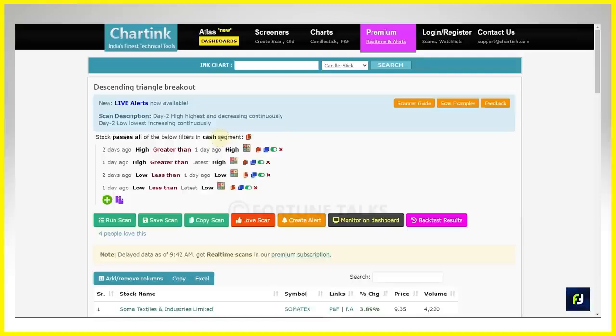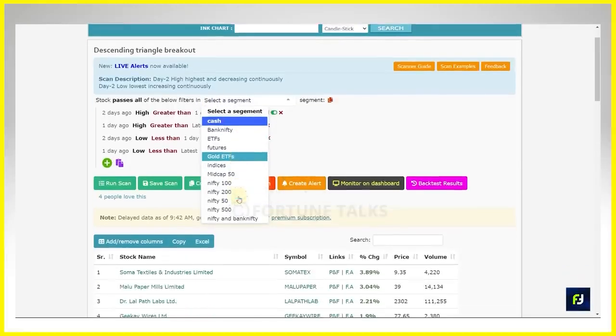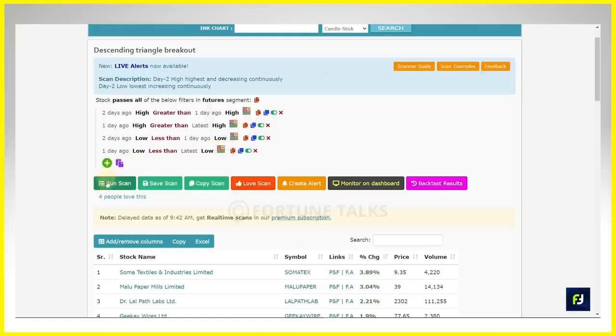All you have to do is to click on the word before segment, which in this case is cash, and you will see a drop down list of all the available segments that you can choose from. So if you want only those stocks from futures segment or only from Nifty 100 or Nifty 500, just select it and move down the cursor to the run scan button and click on it.